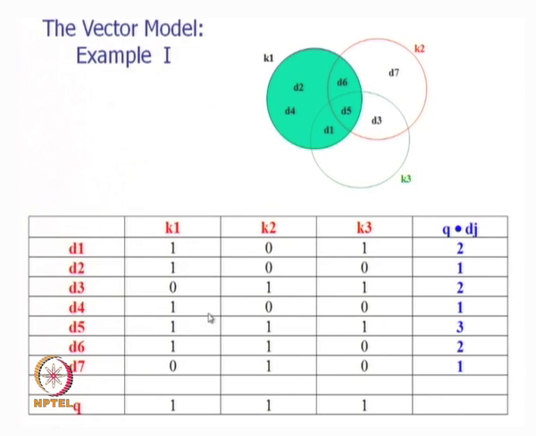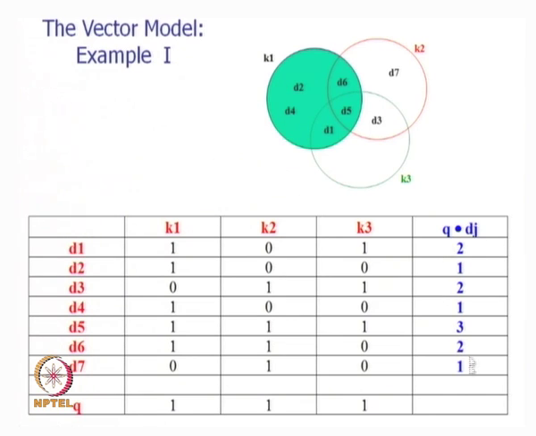Similarly, we have D4 which is 1, 0, 0, D5 is 1, 1, 1. Why is D5 1, 1, 1? Because D5 is at the intersection of K1, K2 and K3. D6 is 1, 1, 0, D7 is 0, 1, 0. And the query contains, let us say, all the keywords K1, K2 and K3. Now, if we take a dot product of Q and Dj, and the dividing factor which is the modulus of Q and modulus of Dj, that is the same for all of them.